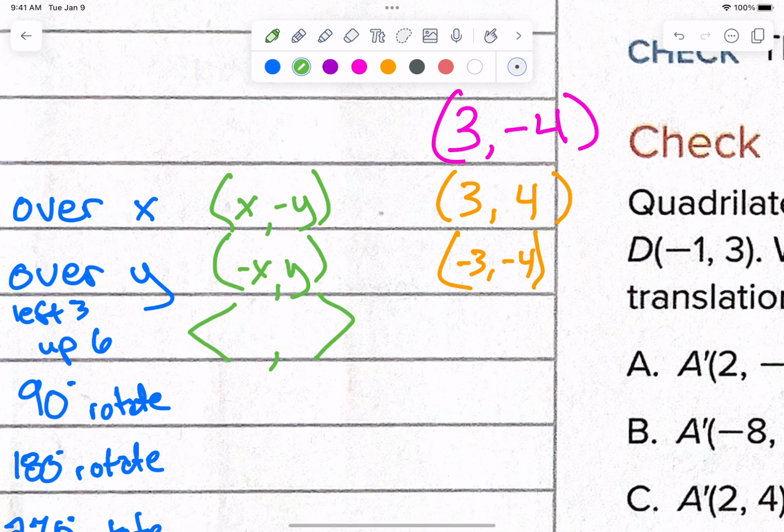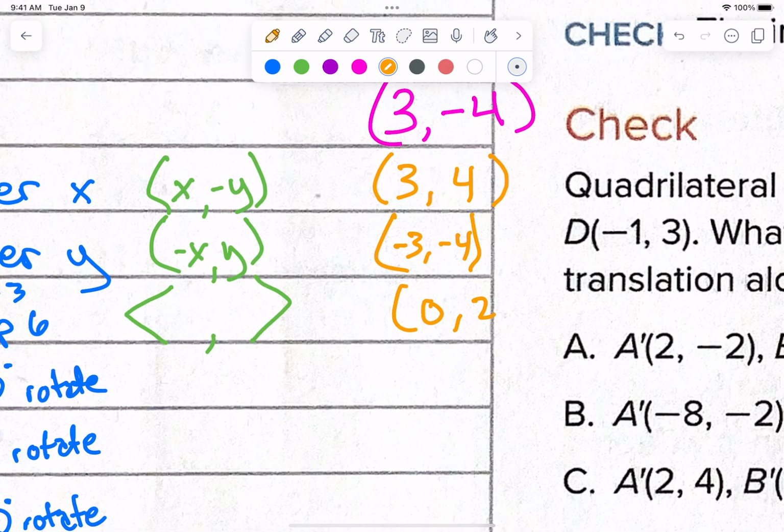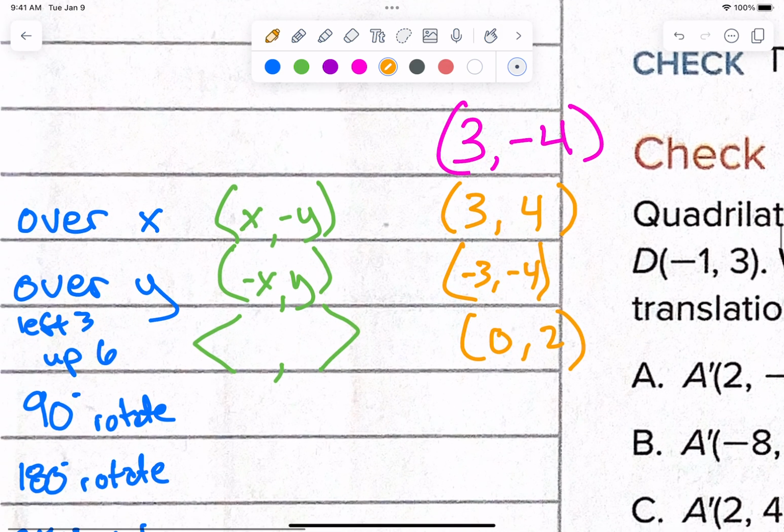Now, if you're going left 3 and up 6, they put it in these triangle brackets right here. Left 3, up 6, what numbers go in that triangle bracket? 0, 2 will be the answer, but what goes in the triangle brackets? -3. Left is minus. It's not like algebra where you do the opposite.